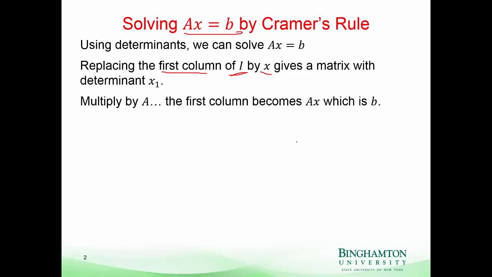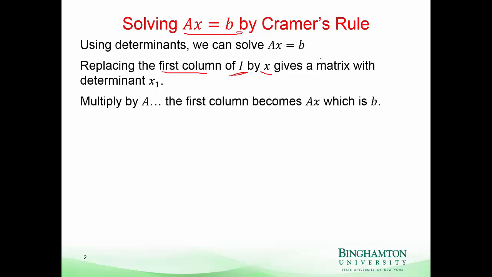Now multiply that resulting matrix, I with the first column replaced by x, by A. If you do that, you can puzzle out that the first column turns out to be Ax, which, well, we know is supposed to be equal to b.